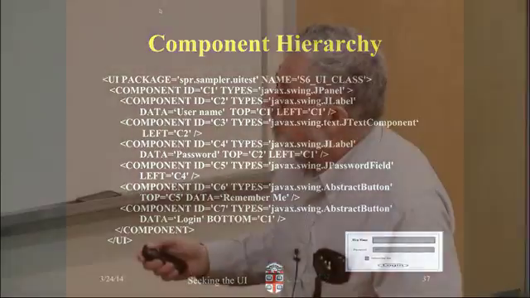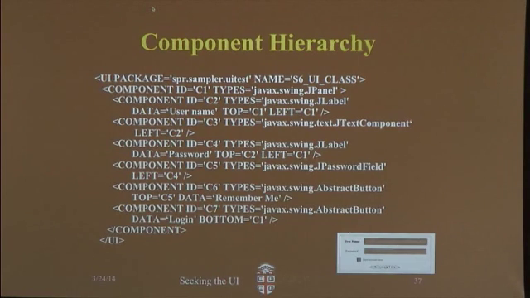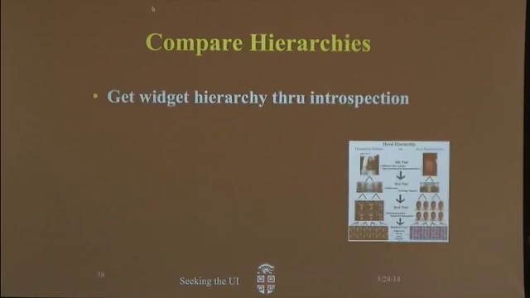So here's a component, that's the top, it says it's a panel. Then you have a component which is a label, which is the username there. You have a component which is a text thing, that's this thing here, which is left of the label, which the label is on the left of, and so on. So this is what we're trying to match against, effectively. And that's the output of our pre-scan.